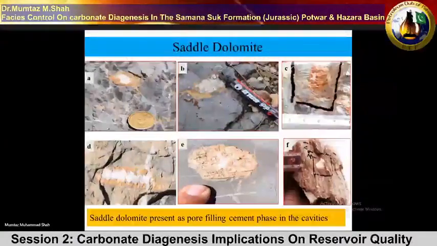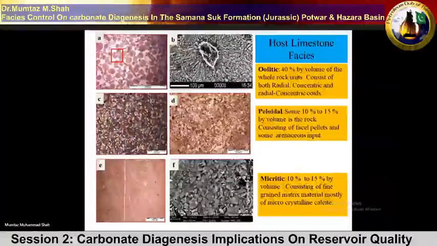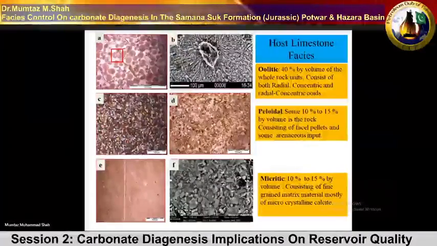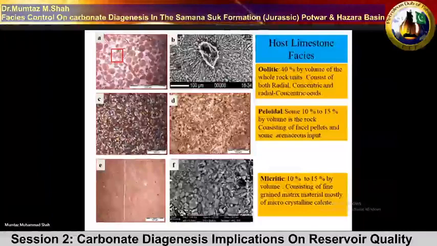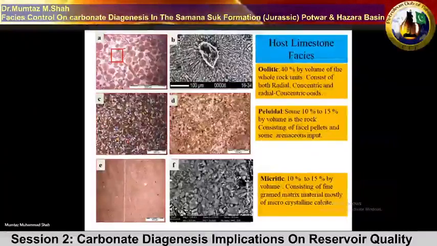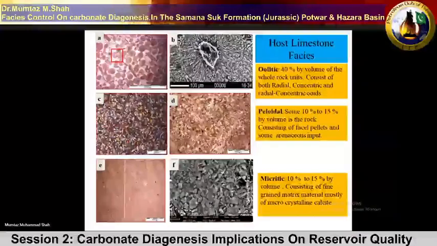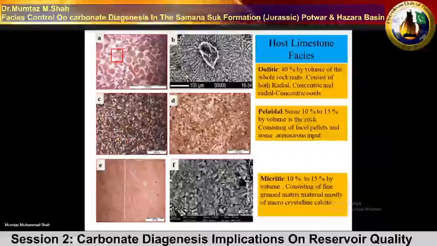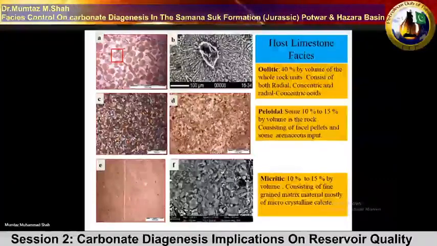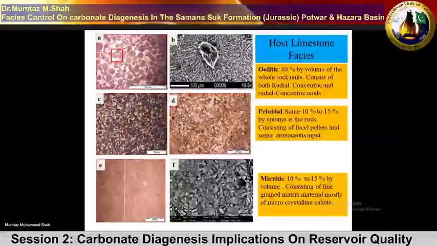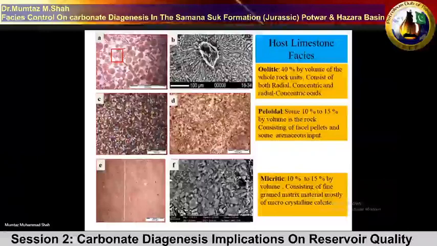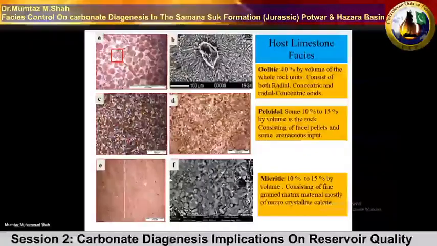The host limestone, which is mostly oolitic, peloidal, having micrite cements, and we can see a typical example of the oolitic and the bioclastic nature of these limestones, which represent their original texture. With some terrigenous material, we can see in some of the photomicrographs, which represent late stage influx of terrigenous material.